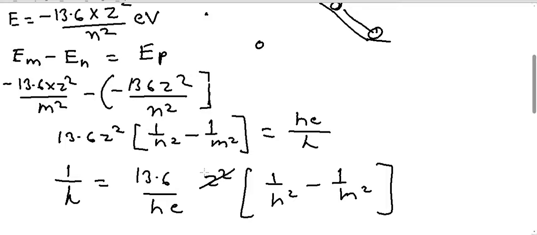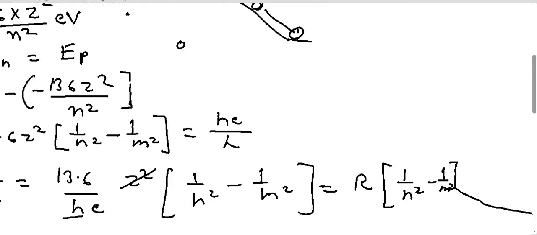And obviously h is a constant and c is also a constant, correct? So this term is a constant quantity, so I can replace this with a constant R, into 1 by n square minus 1 by m square.